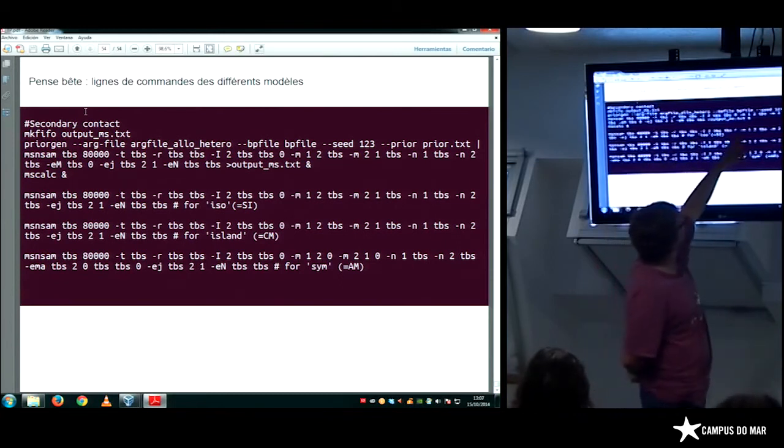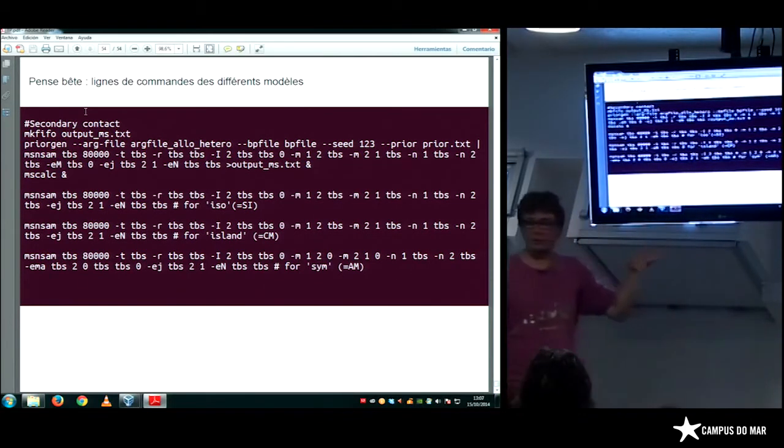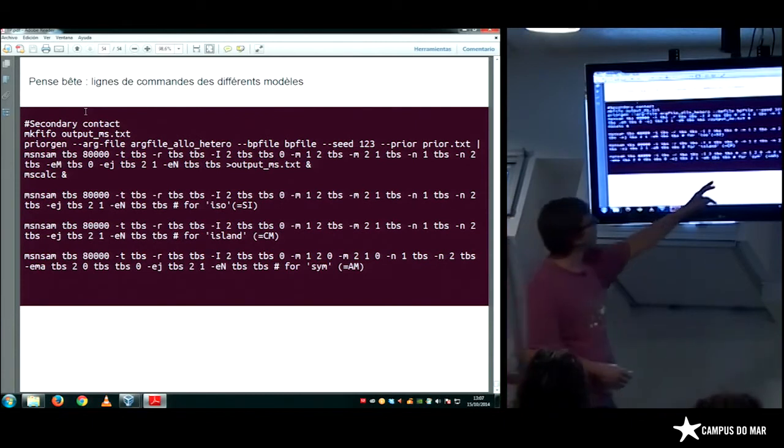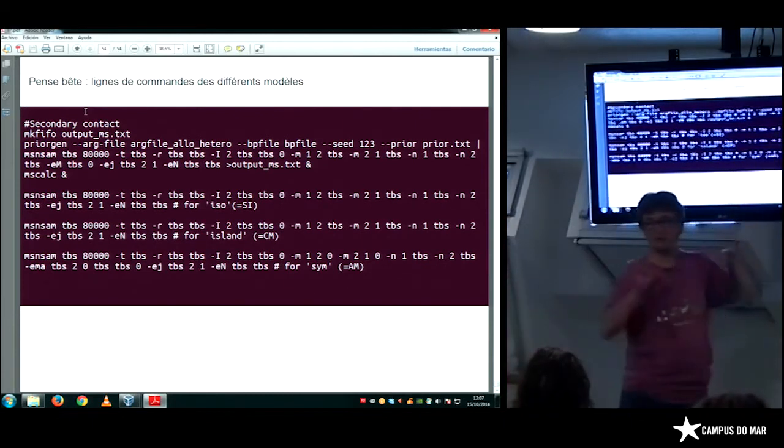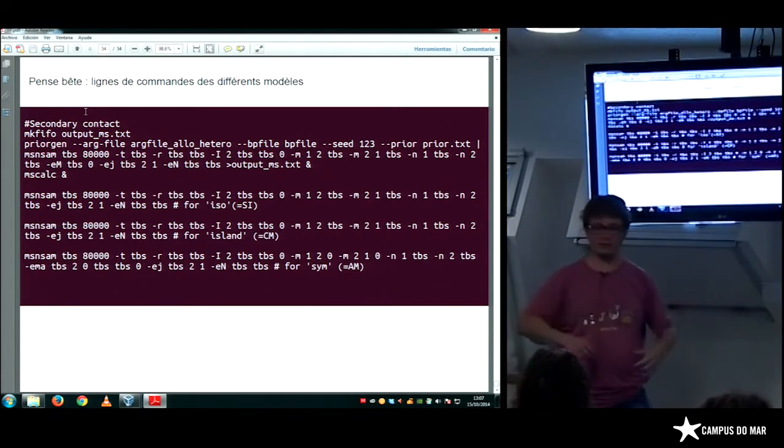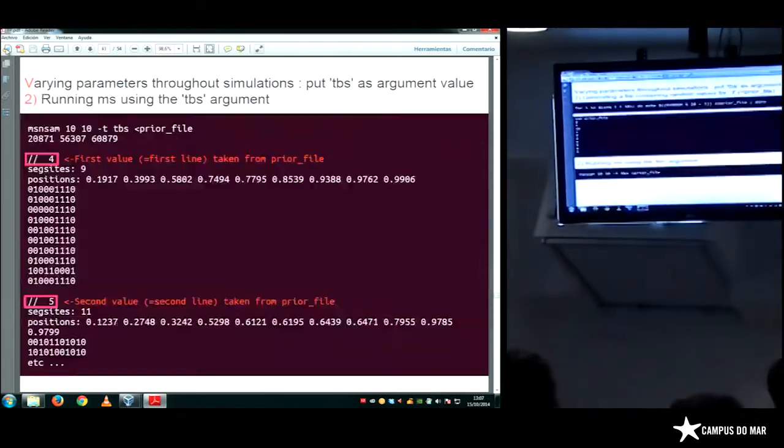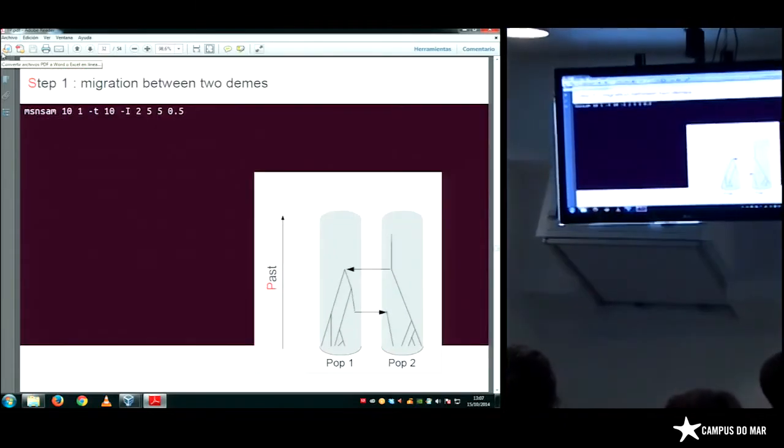It's basically the same command line, but we modify the input so that migration is always 0 in the text file. Okay? So now I'm going to explain how to generate the prior.